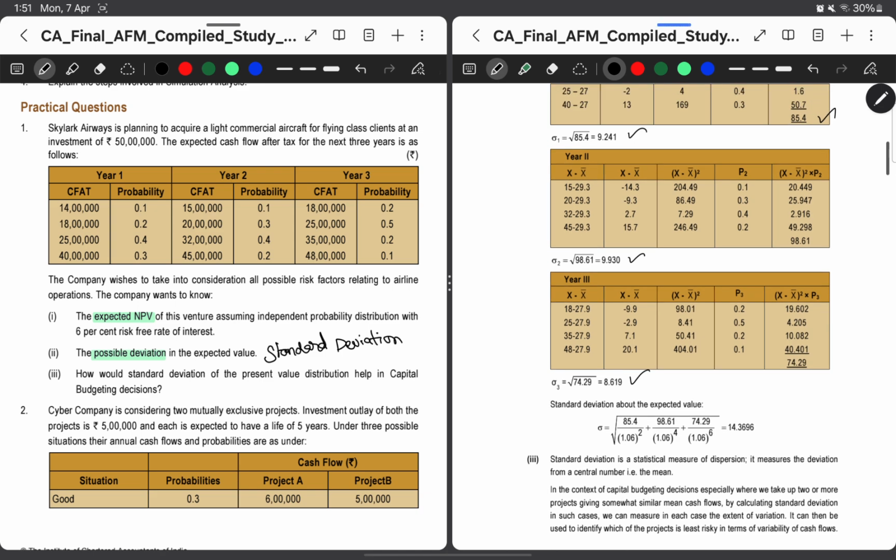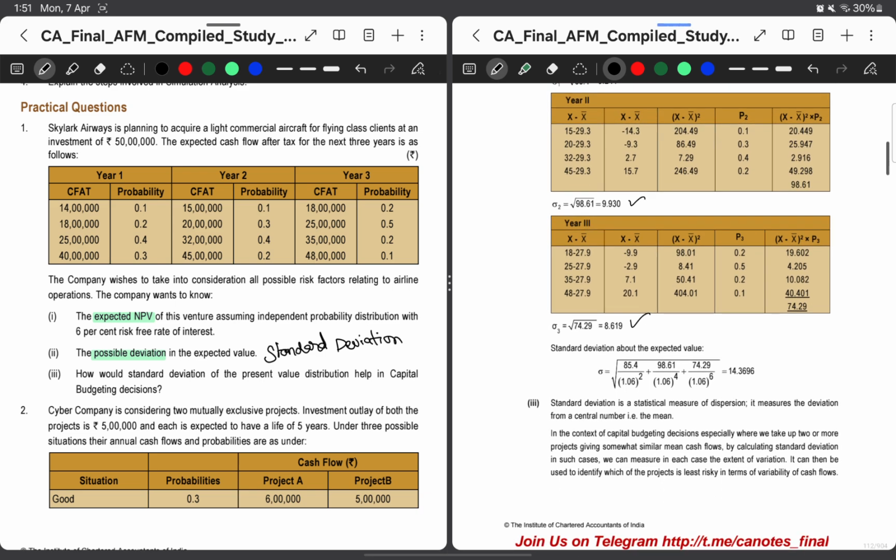Then, since they are asking the possible deviation in the expected value, we have to find out the standard deviation for the project as well. So going up here, ICAI has given this formula. It is advisable to use this formula for all the problems wherein they are asking possible deviation for the whole project, and you have 3 different years' probabilities with cash flows.